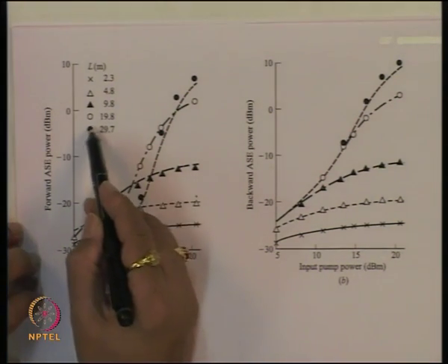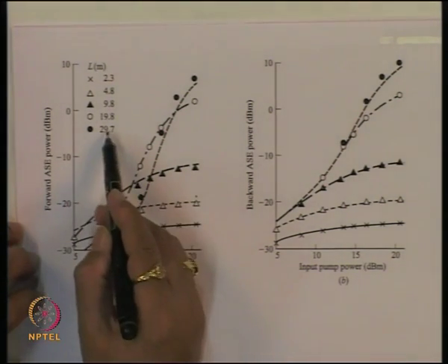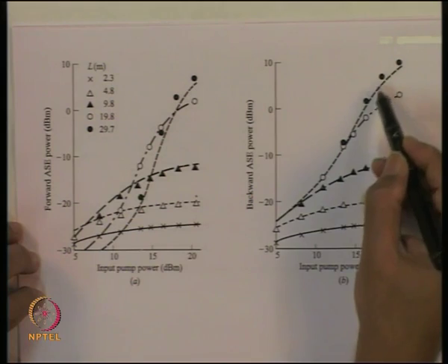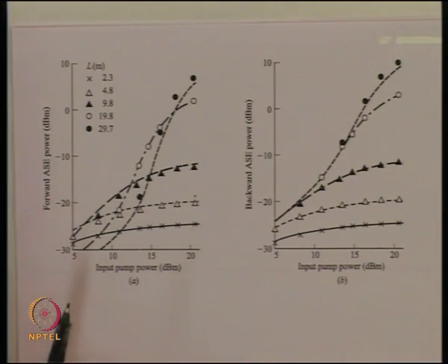So let us say if we consider this typical data, which is about 30 meter of the EDF length, these are the points which are representing that, and this is the thing for the backward propagation.